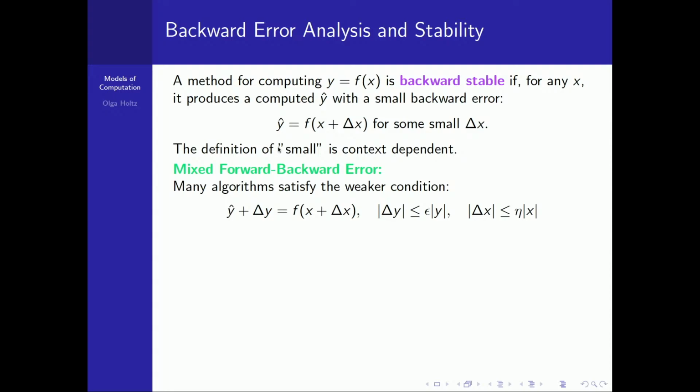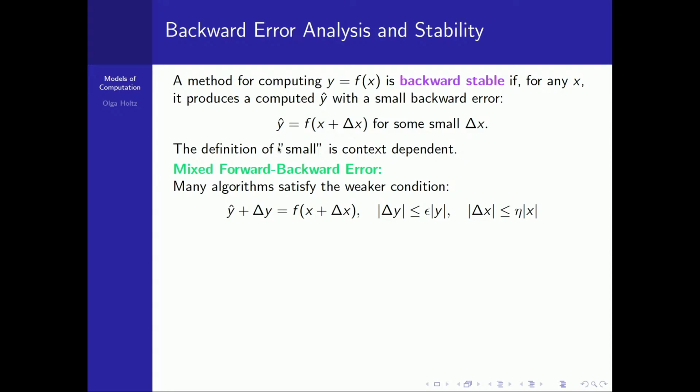So you can now bound delta y by some hopefully small constant times the measure of the size of y, so the norm, the absolute value, whichever you like. And then likewise, delta x is bounded by some kind of constant you control, hopefully small, times the length, the distance of x to the origin, the norm of x, the absolute value of x, again some kind of measure of size of x.